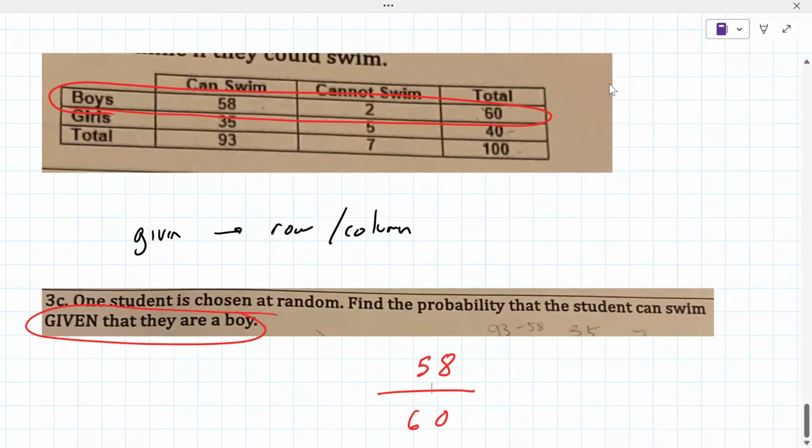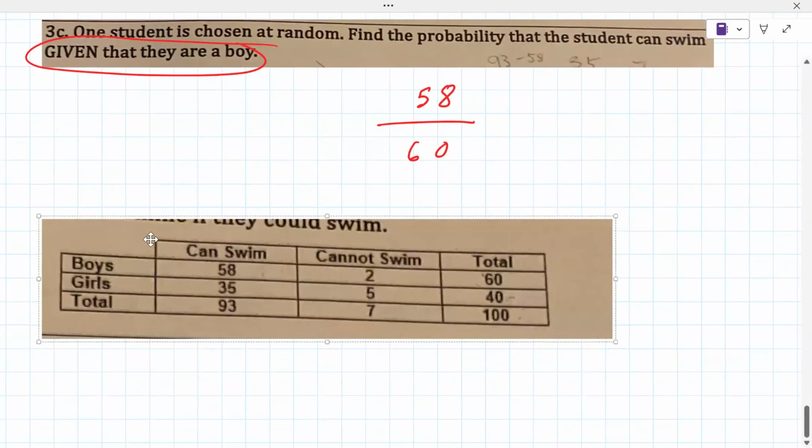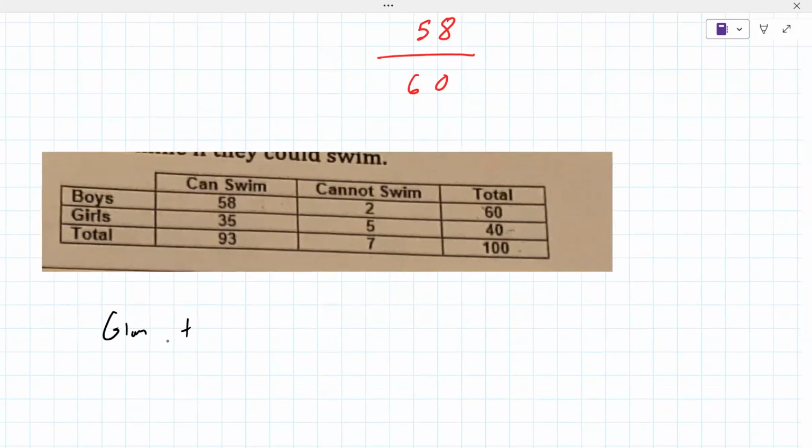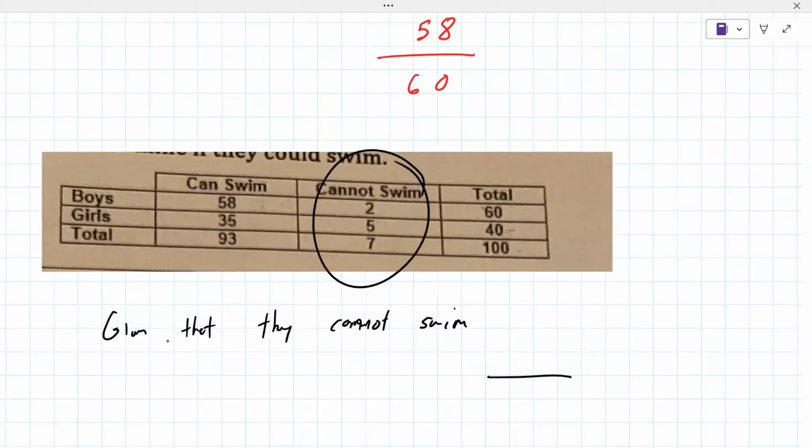Let's try another one here. Given that they cannot swim, is that a row or a column? That is a column. It's this one. So how many cannot swim? 7.